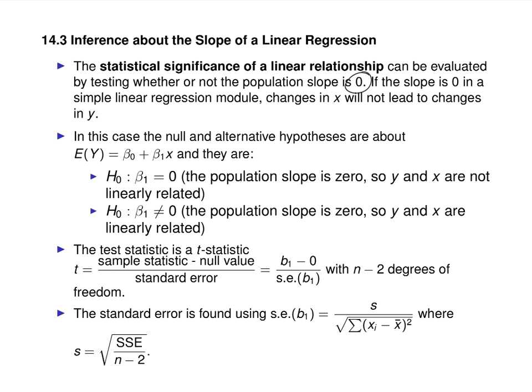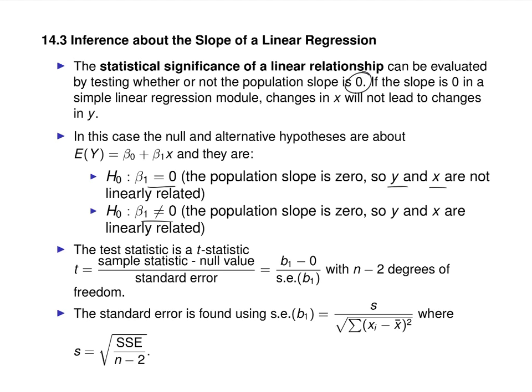So the things that you're testing here are, is the population slope 0? And testing that tests whether or not y and x are related. Like suppose I wanted to test, is attendance related to grades, right? And I'd be testing, is the slope 0 or not? So slope being 0, no relationship. Slope being non-zero means that there is a relationship.